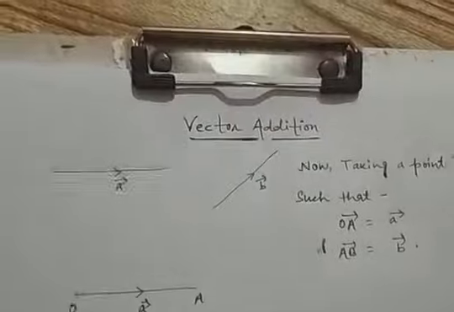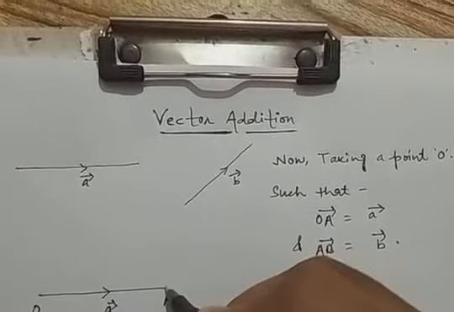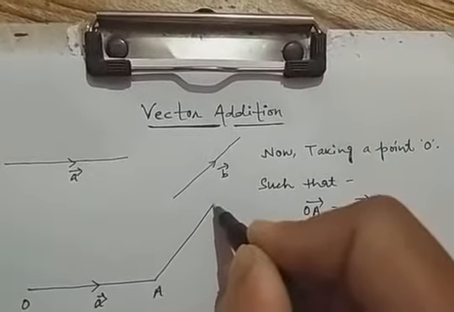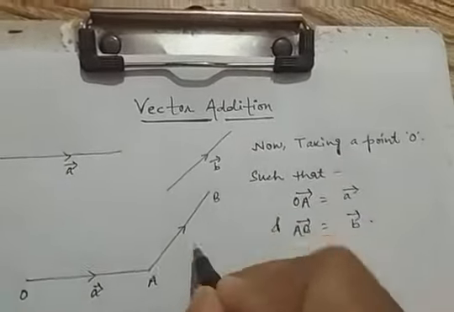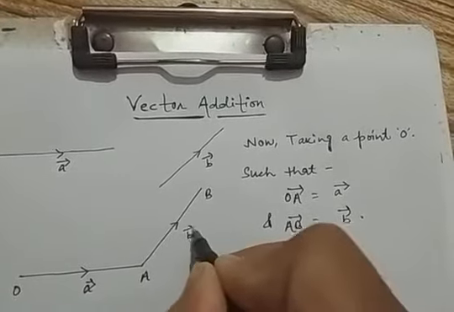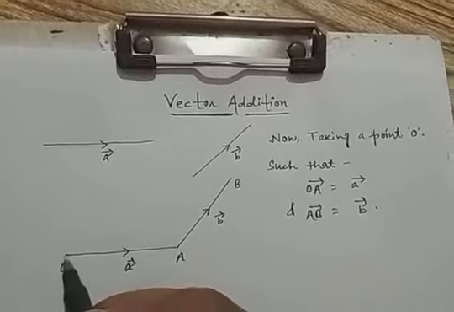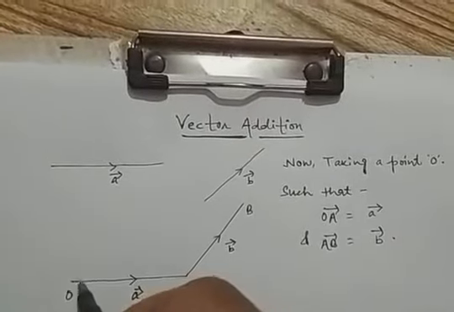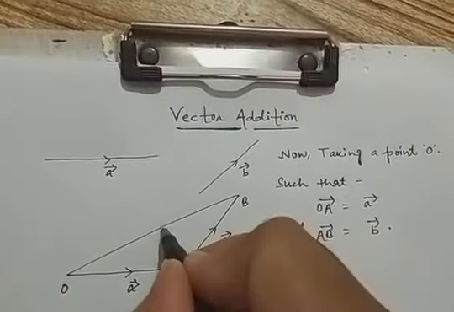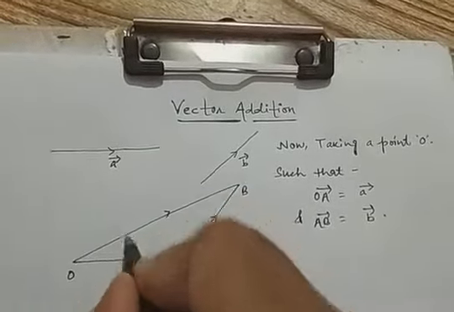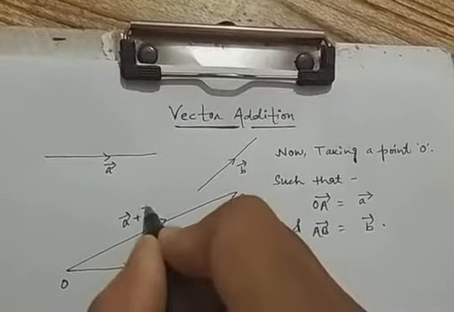And this is vector AB, so AB is equal to vector B. Now join the points O and B. This is vector OB, equal to vector A plus vector B.